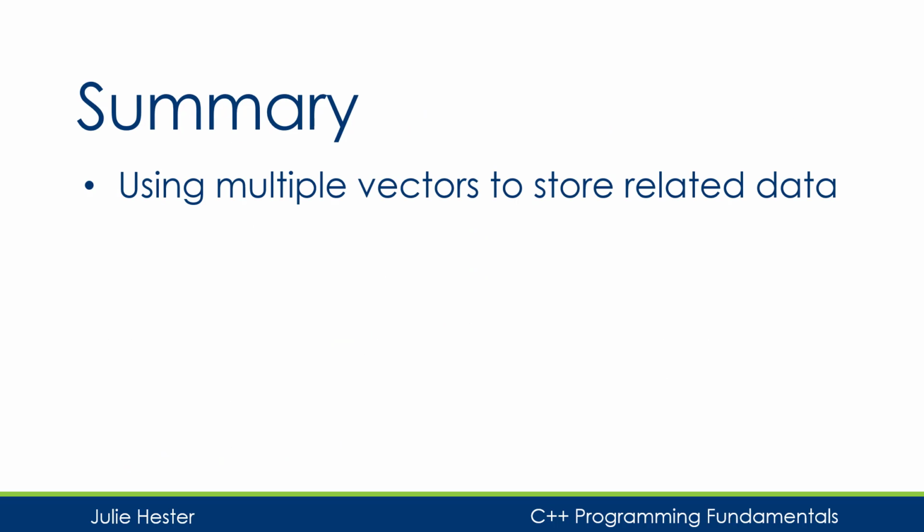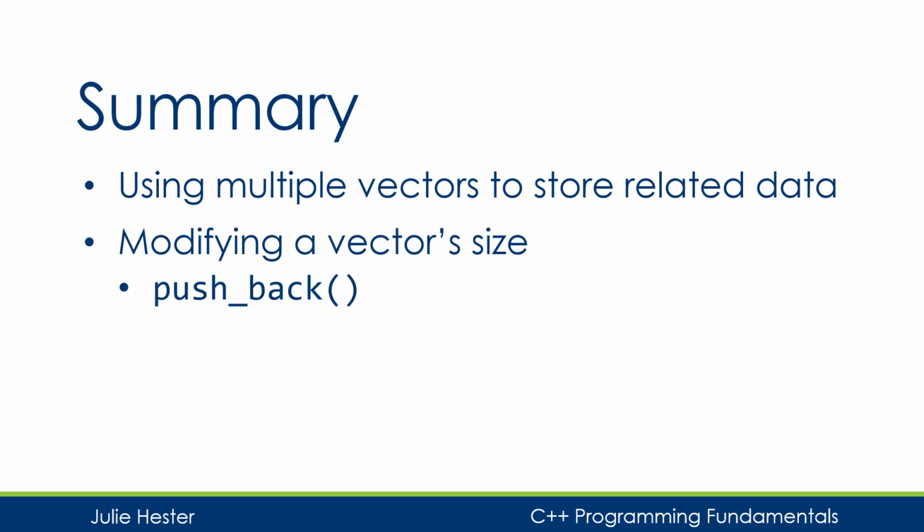So in this video, we first discussed how we can use multiple vectors to store related data. And then we saw some different ways we can modify a vector's size. We saw how the push_back function will add an element to the end of the vector. Resize will change the number of elements in the vector by either adding or eliminating elements.